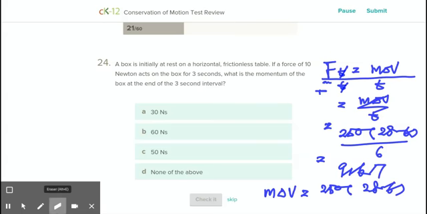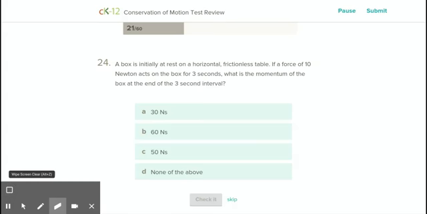All right, number 24. A box is initially at rest on a horizontal frictionless table. If a force of 10 Newton acts on the box for 3 seconds, what is the momentum of the box at the end of the 3-second interval? So remember that impulse is the change in momentum, right?